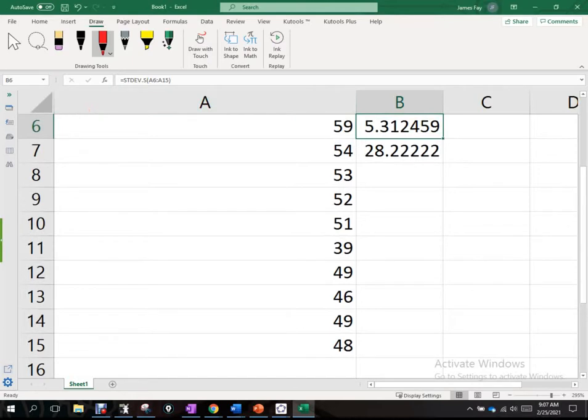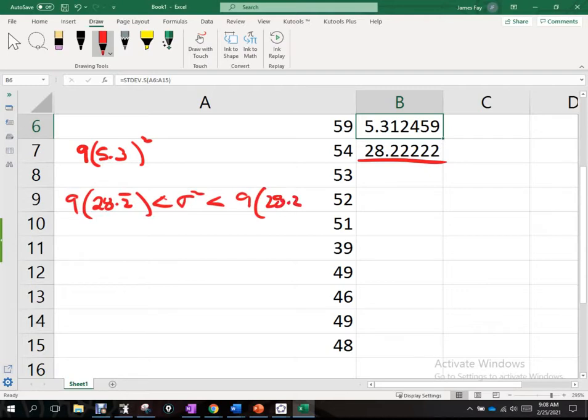So n-1 would be 9. Okay. Now s squared, you can either type in 5.3 and square it, right? Or you got your degrees of freedom n-1 and just plug that number in directly. Is that okay with everybody? Less than sigma squared, less than 9 times 28.2.